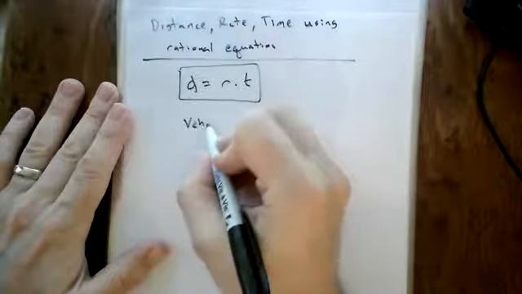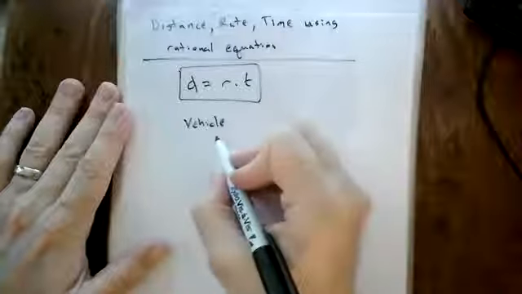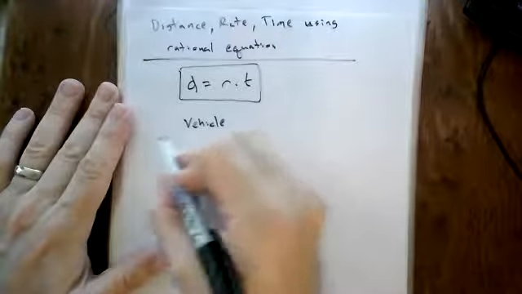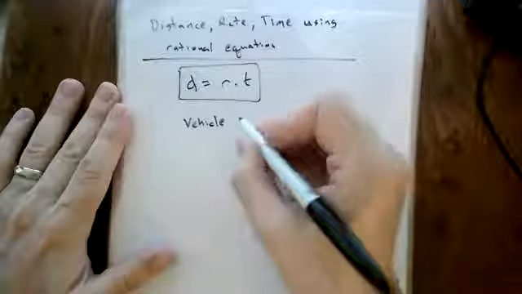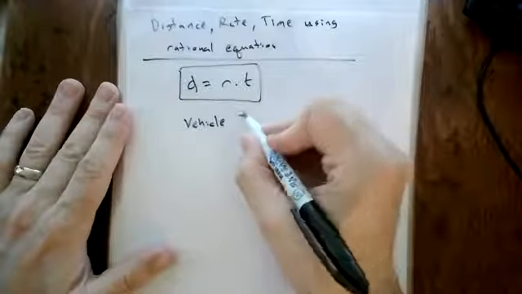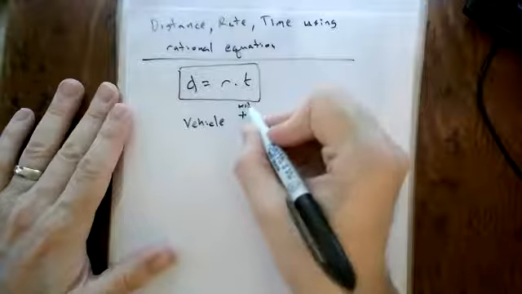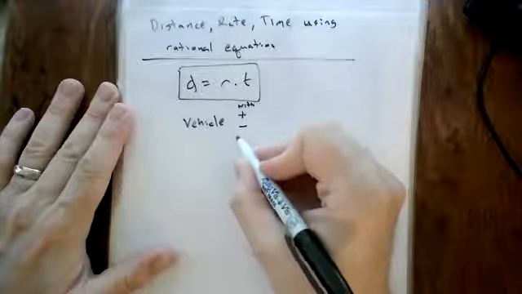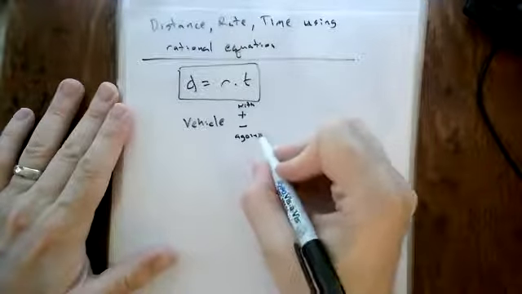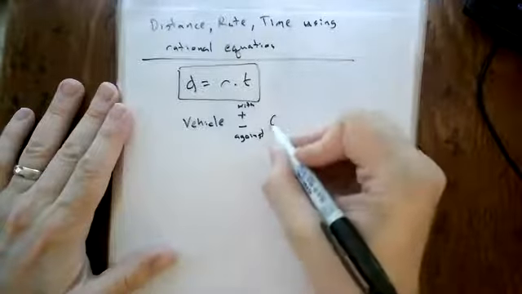Because frequently you've got something like a vehicle. This could be a plane, this could be a boat, and it's going to be either going with or against some sort of current.